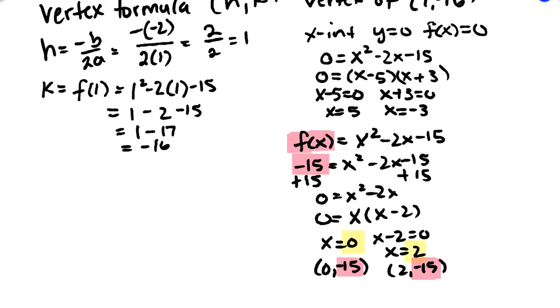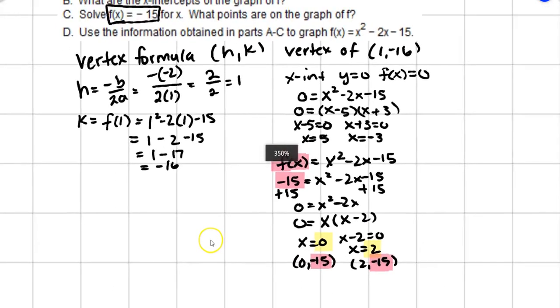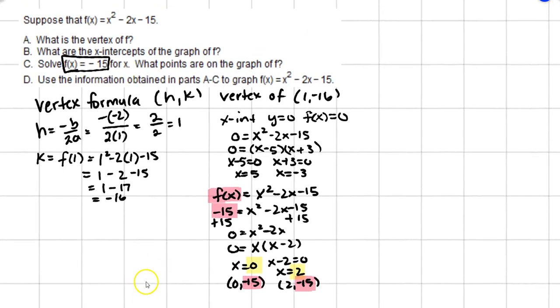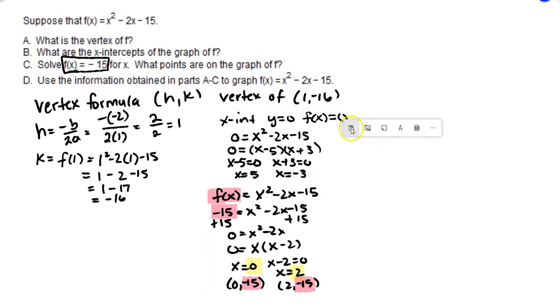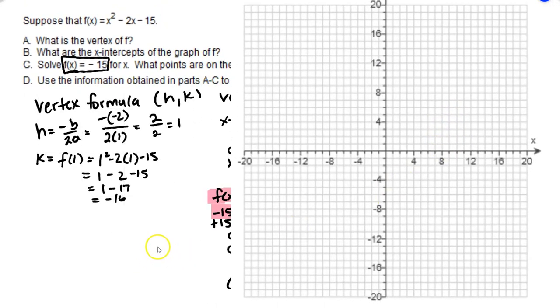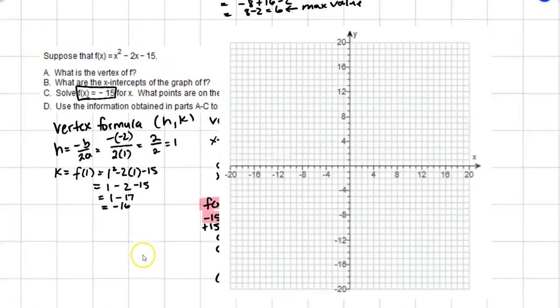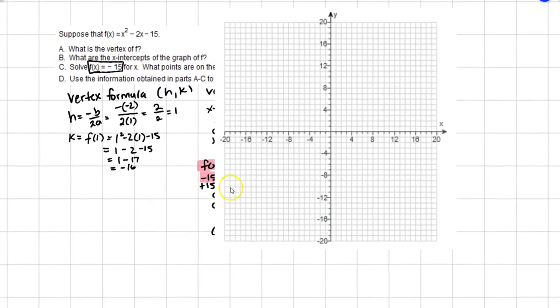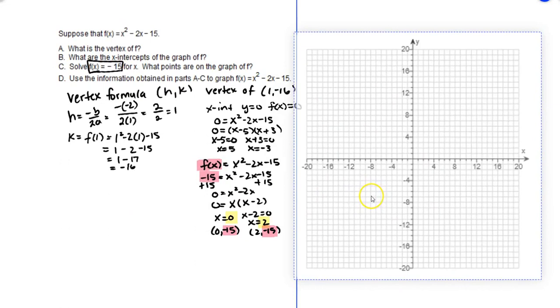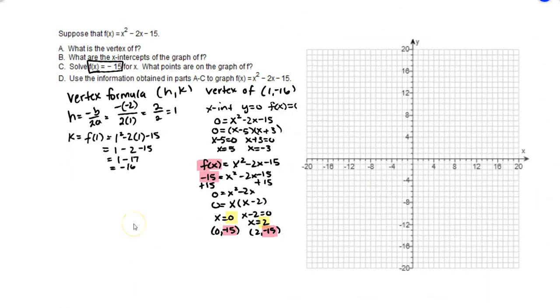So we want to take this information and draw the graph of this function. So I've got a grid here. We'll plot the vertex of (1, negative 16). We have x-intercepts of 5 and negative 3.